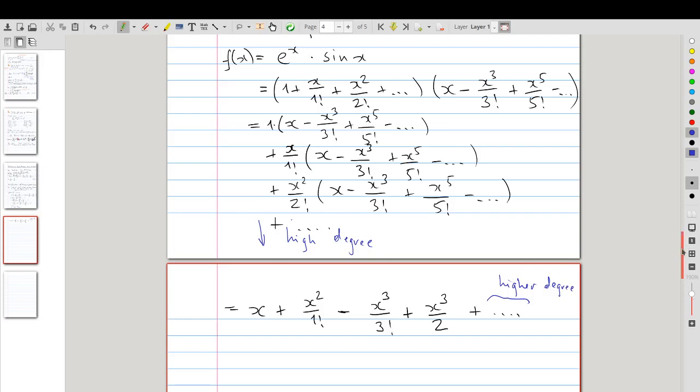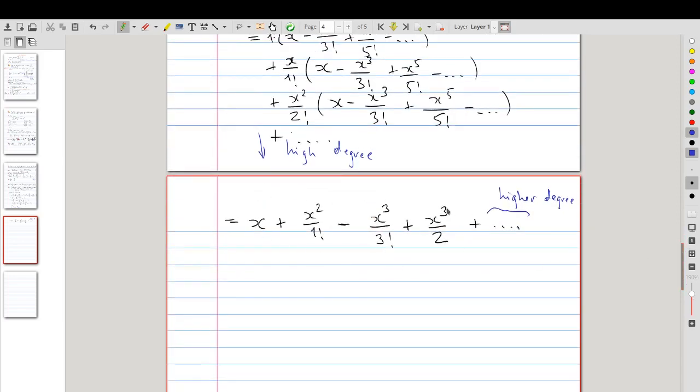Great, so I have successfully computed the 3 lowest terms. They are x plus x squared, and then over here I have x cubed over 6 minus x cubed over 6 plus x cubed over 2.